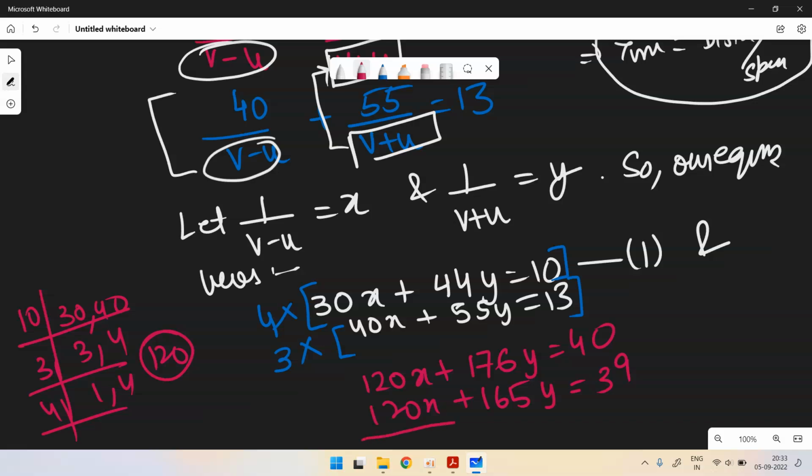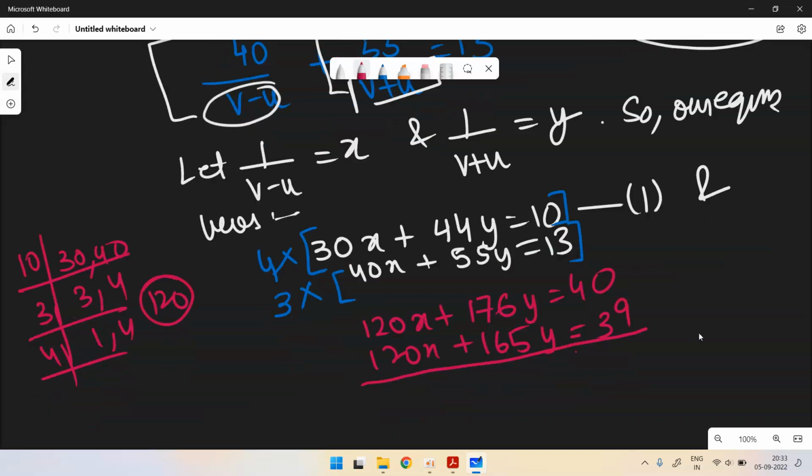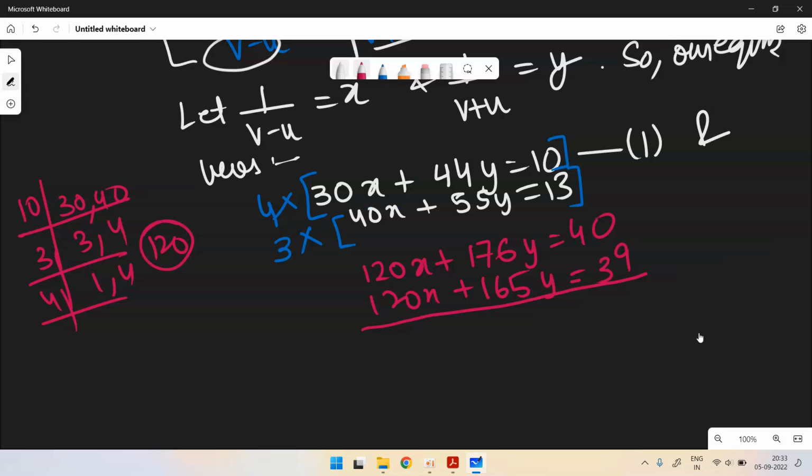If you subtract these two equations, 120x minus 120x becomes 0, and 176y minus 165y is 11y equal to 40 minus 39, which is 1. So the value of y is 1 by 11.